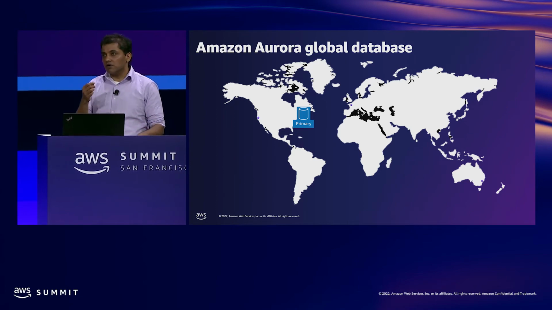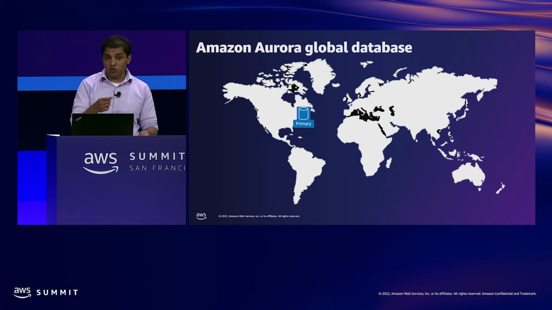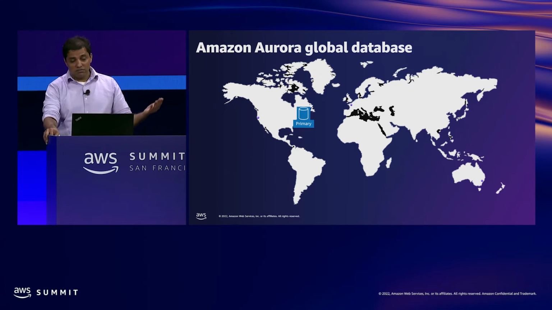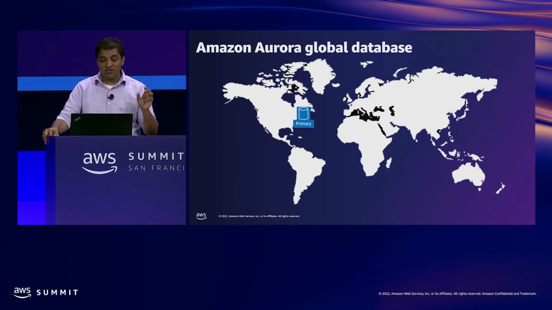So think of a use case where you have a globally distributed application, and it requires a global presence. And more importantly, you have a very strict SLA around regional outages. And the second example could be you have this globally distributed application that might need a reader closer to your end user in various regions. So this is where our global database comes into the picture.